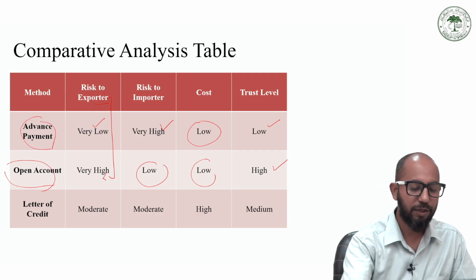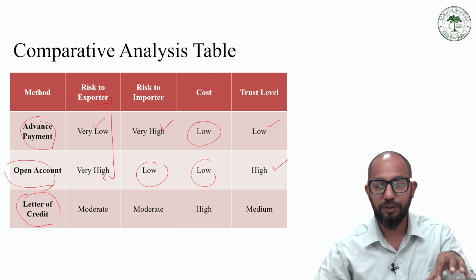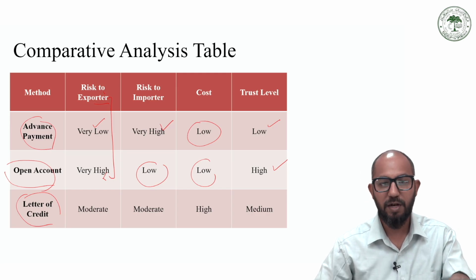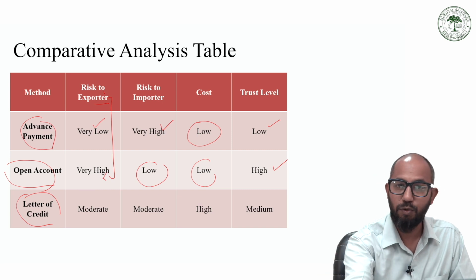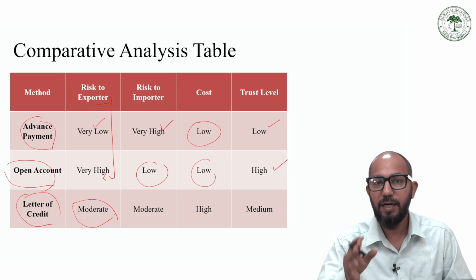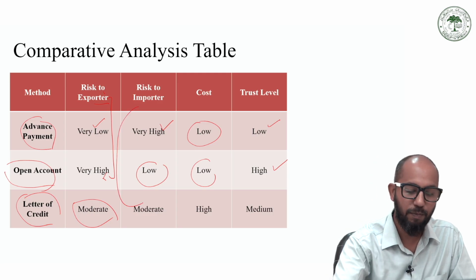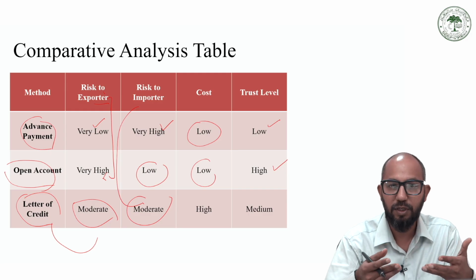The third is letter of credit. Now, if we compare letter of credit, which is a financial instrument and document, we will see that it is providing much more benefits. So, we can see that with respect to risk to exporter, the risk is moderate, and even the risk is moderate for importer as well in letter of credit. This is the benefit of using a financial instrument.